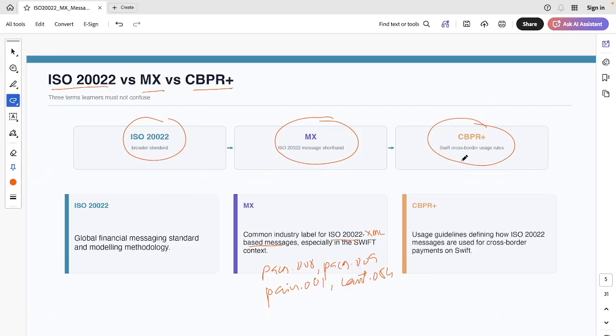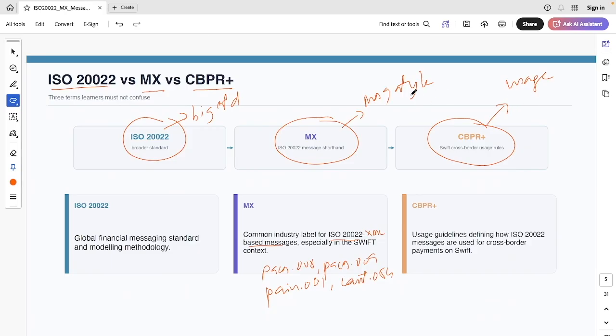And then coming to CBPR Plus, CBPR Plus stands for Cross Border Payments and Reporting Plus. It is a set of Swift user guidelines for ISO 20022 messages in cross border payments and reporting. In simple terms, ISO 20022 is a big standard. MX is the ISO 20022 message style, and CBPR Plus tells banks how to use specific MX messages for Swift cross-border use cases.